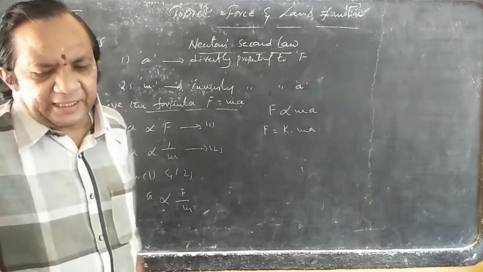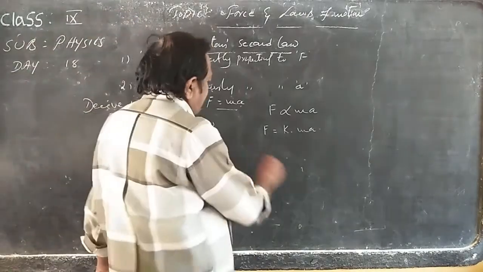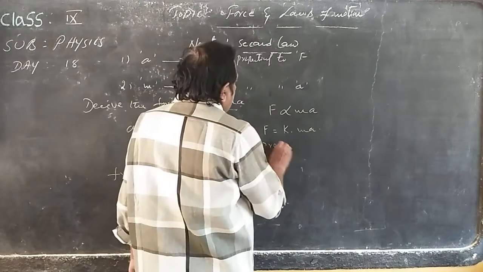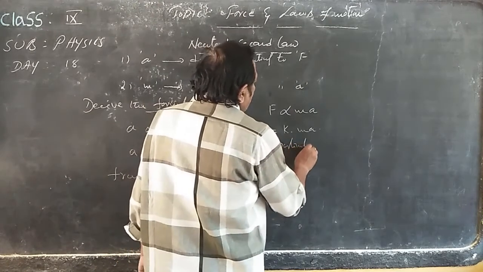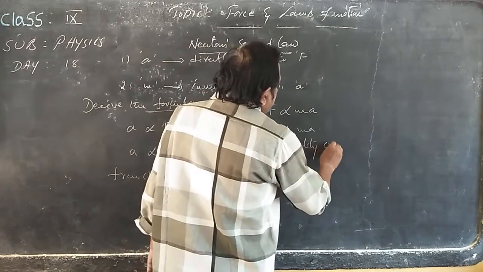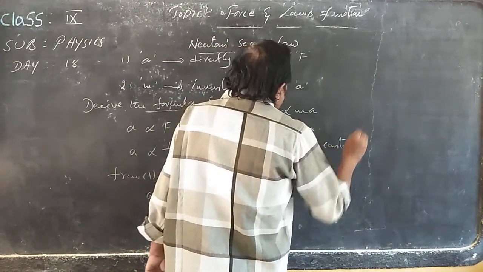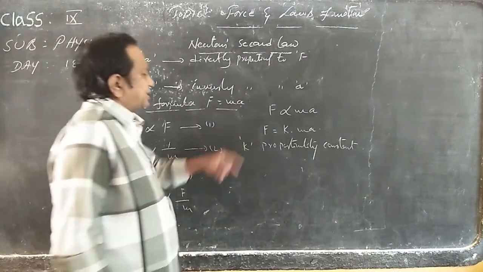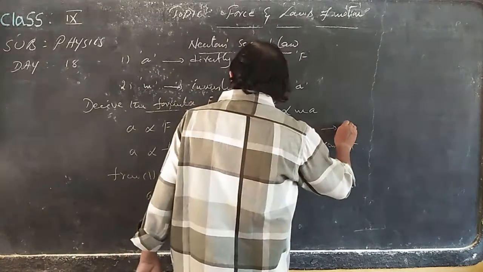Remember that. What is k here? The proportionality constant. That's also called the unit force. Let it be equation number 3.